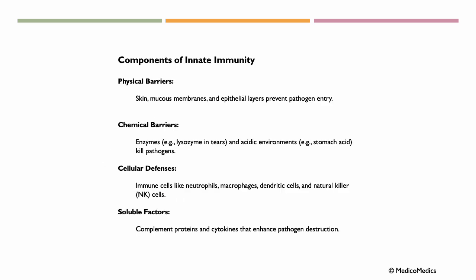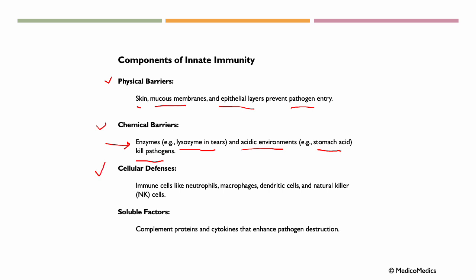The components of the innate immunity include physical barriers, so we talk about the skin, mucous membranes, and epithelial layers that prevent pathogen entry. We have chemical barriers, so enzymes like lysozymes in our tears. We also have acidic environments as part of the chemical barriers, like stomach acid, which helps kill pathogens.